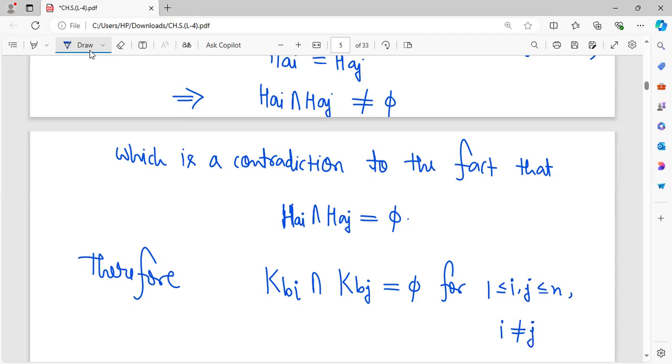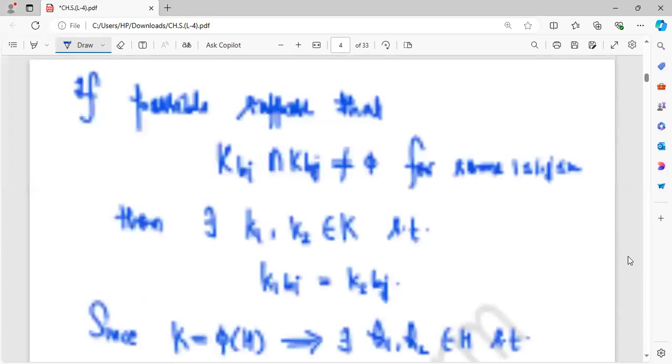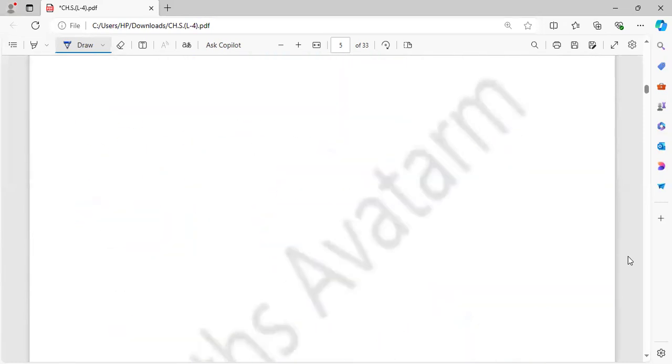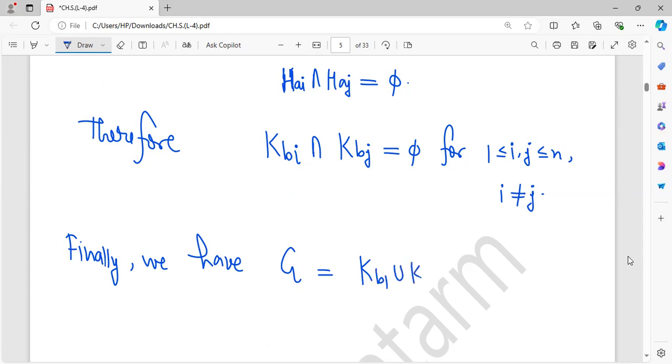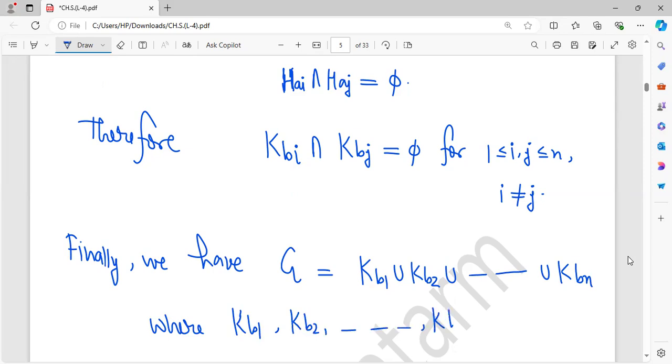So finally, what we got? We have G is equal to K B1 union K B2 union up to K B N, and K B1, K B2 up to K B N are pairwise disjoint.